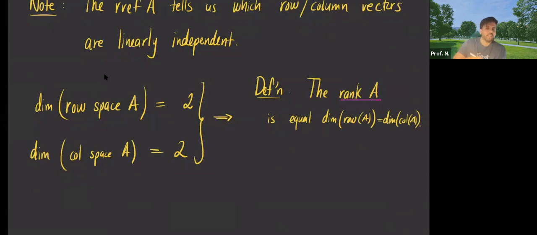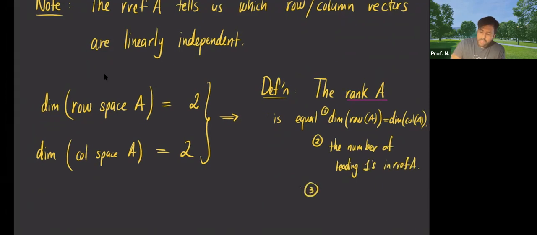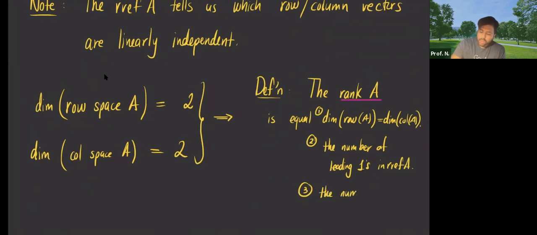You can also define it as the number of linearly independent rows, or the number of leading ones in the row reduced echelon form. So it's equal to this. You can look at it this way, or you can look at it as the number of leading ones in row reduced echelon form, or you can think of it as the number of pivot variables.